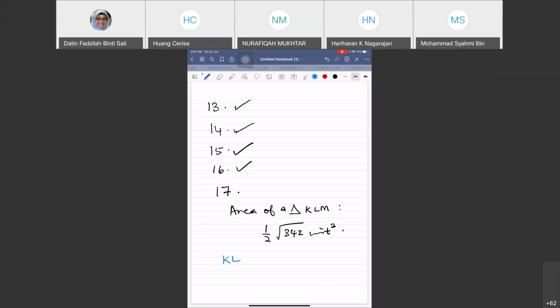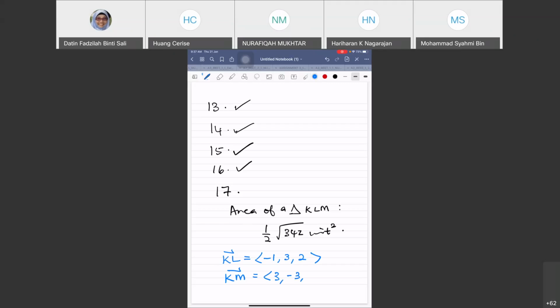Can you tell me what is vector KL? Your answer for vector KL first. -1, 3, 2. Okay, what about vector KM? 3, -3, 3.